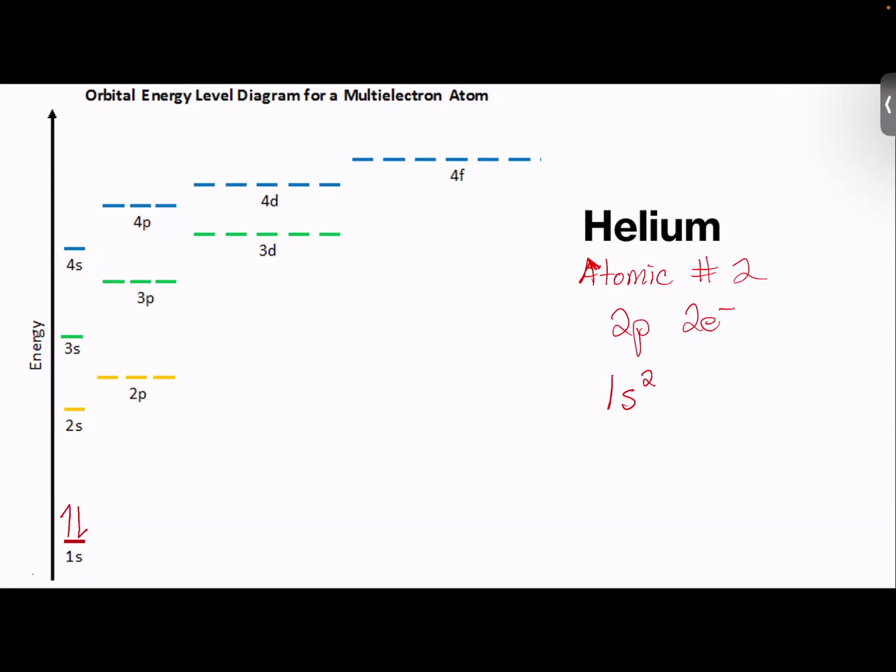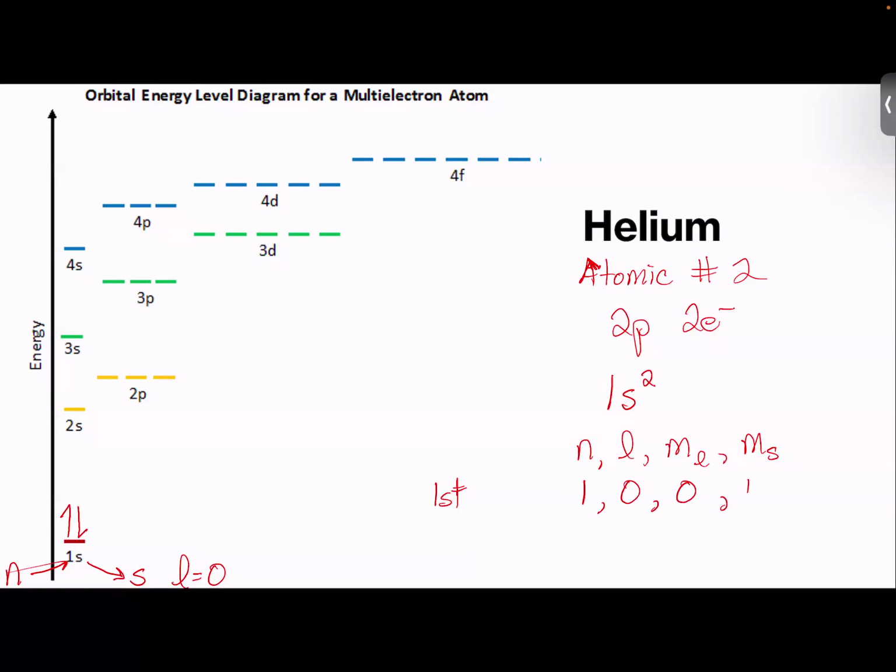Now, again, the number tells us what N is. The letter tells us that since it's an S, L has to be equal to 0. So when I'm writing N, L, M sub L, M sub S, my first electron is 1, 0, 0. Again, the only M sub L allowed for an L of 0 is 0.